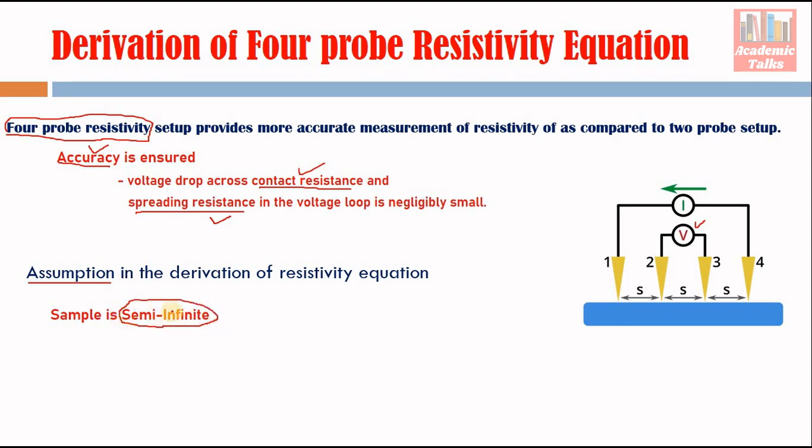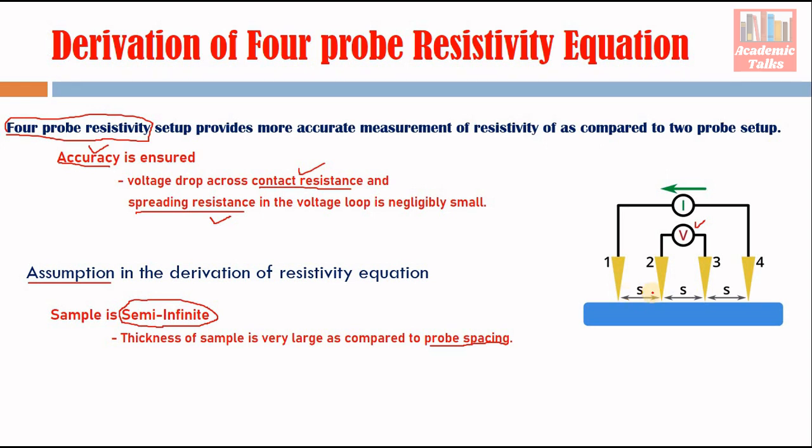Semi-infinite. And what is the meaning of this semi-infinite sample? The thickness of the sample is very large, and when we say that something is large, we have to specify it in comparison with something which is small. Here we are doing this comparison against probe spacing.